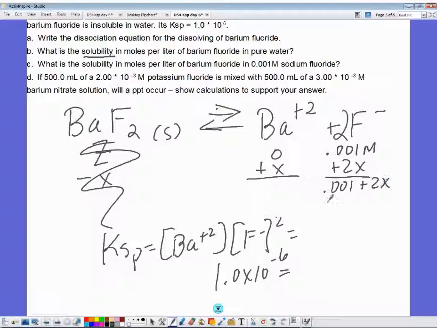So I usually squiggle this and say that when there's a common ion, it's not going to be changed by a 2x value. I'm supposed to be able to do that. This is still the expression, so I plug in x for my barium, I plug in 0.001 molar for my fluoride, and who knows, I got a value of this. Did you?